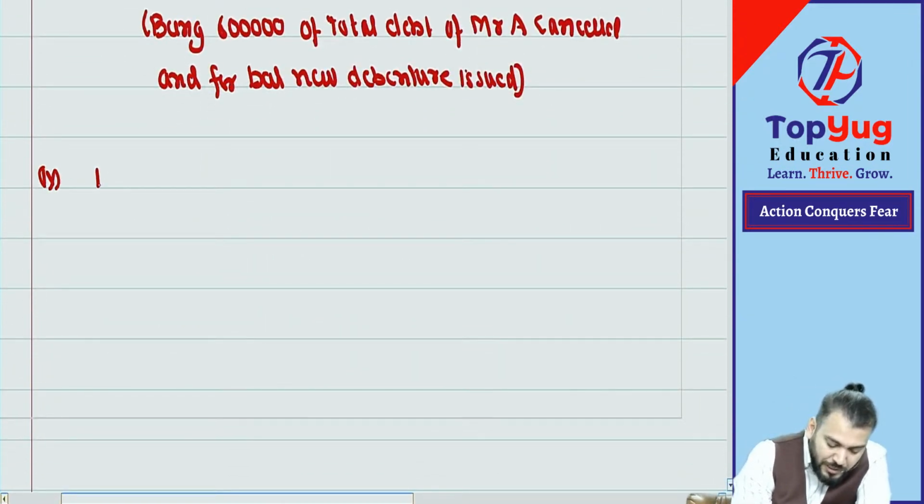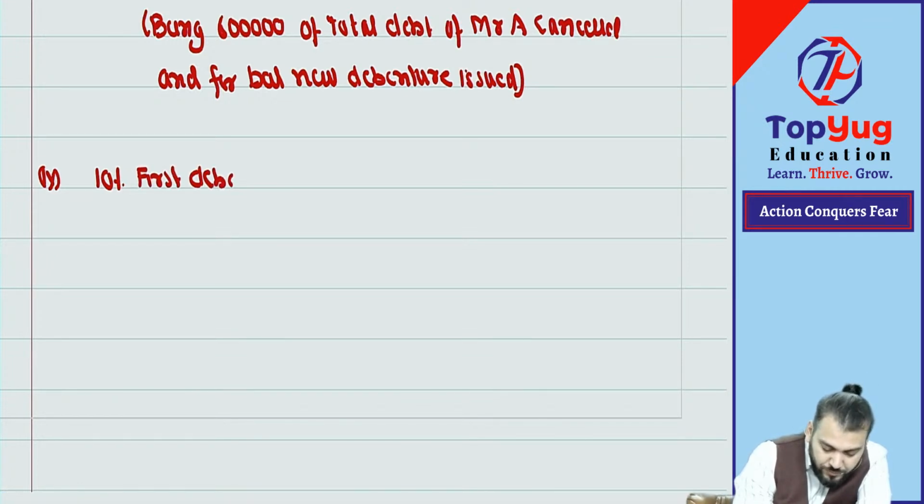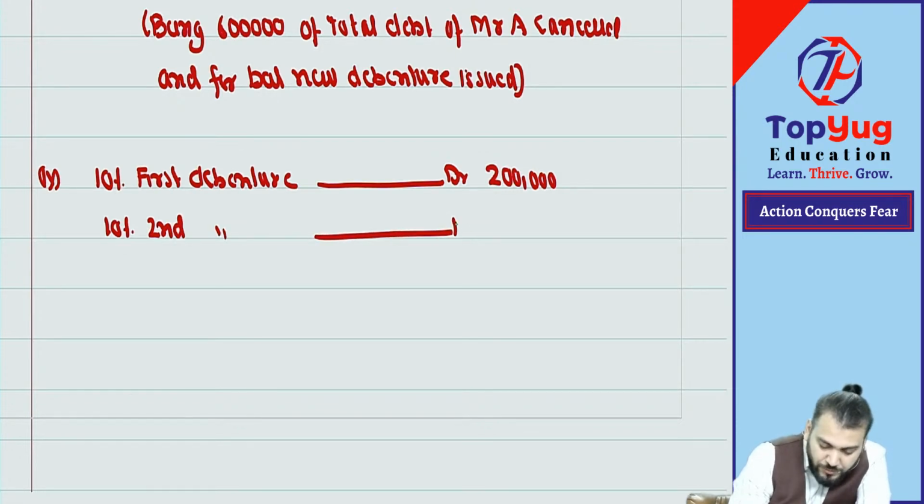So point number 4, 10% first debenture. How much amount? 2 lakh. Then 10% second debenture. How much amount? 4 lakh.